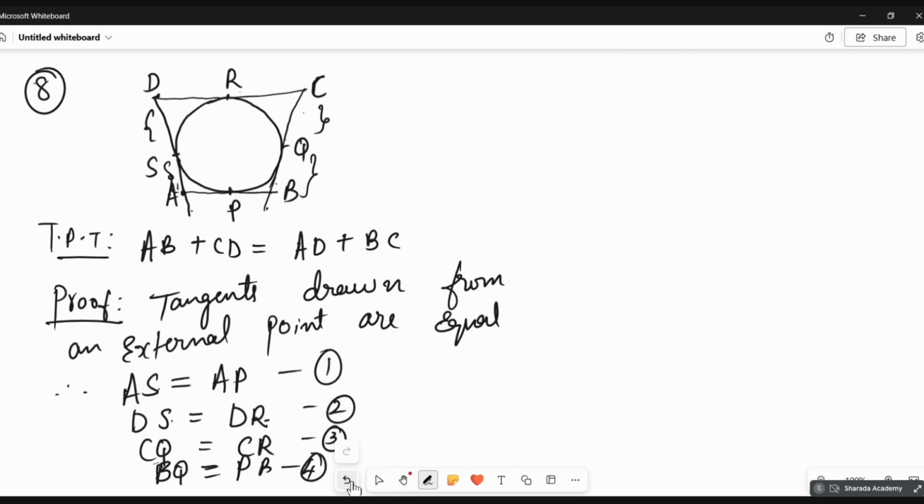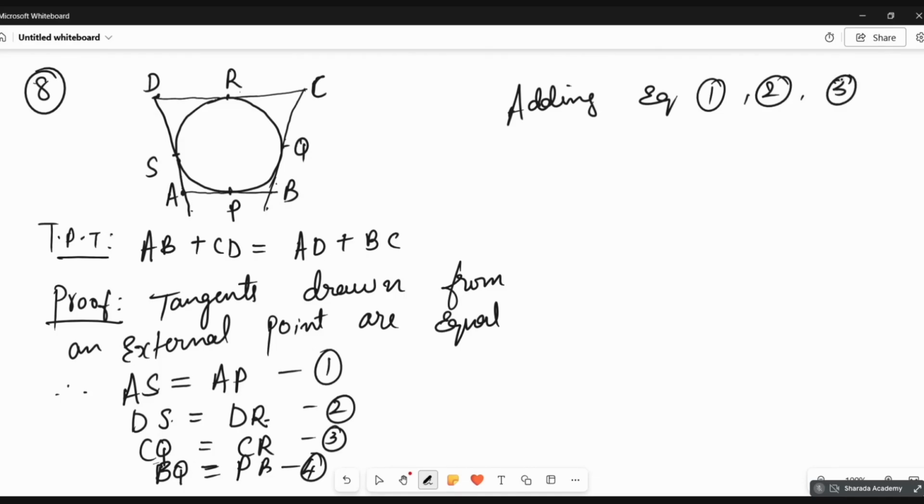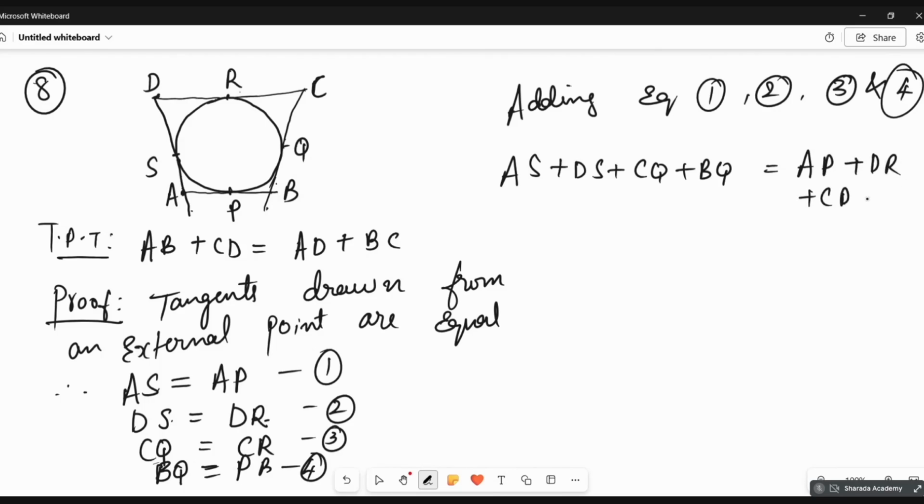so that when I add, I'll get a straight line like that. So adding equations 1, 2, 3, 4, what you will get? AS plus DS plus CQ plus BQ is equal to AP plus DR plus CR plus PB. Now AS plus DS is what?